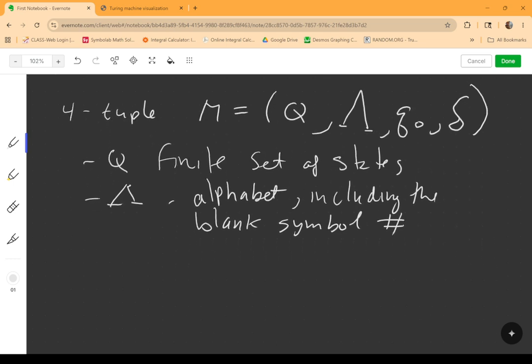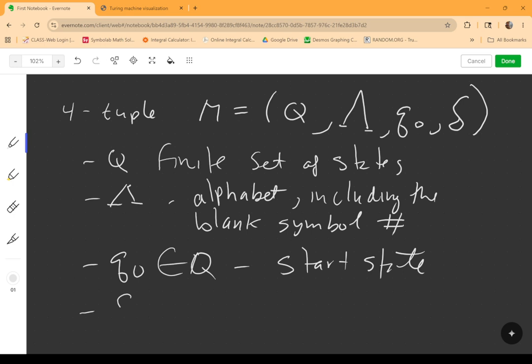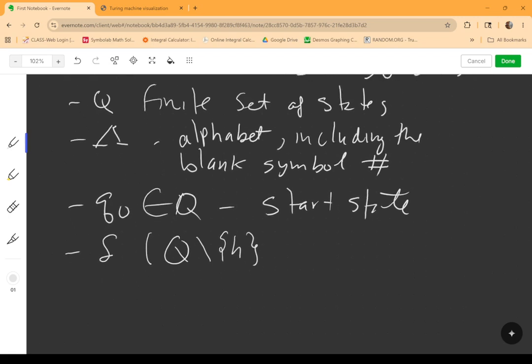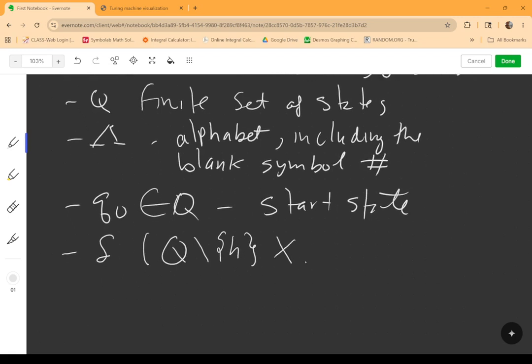And Q naught is part of Q, but this is the start state. And then our delta takes the Q set without the halting state, along with something from lambda.